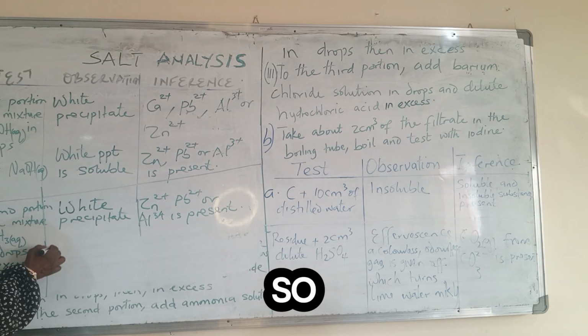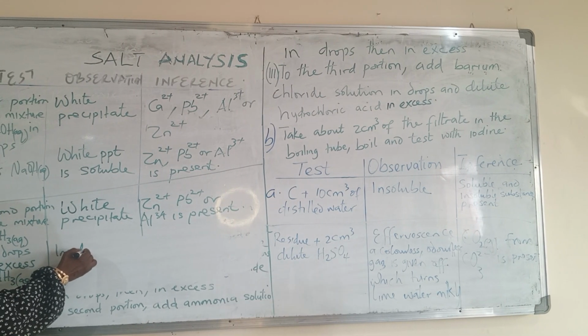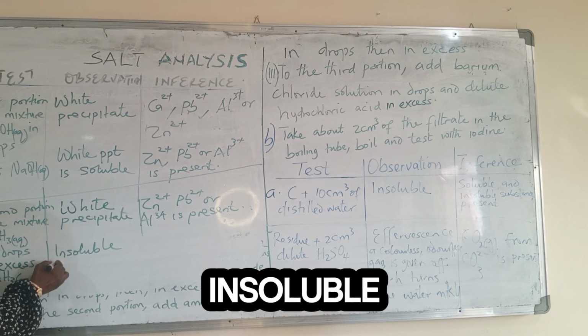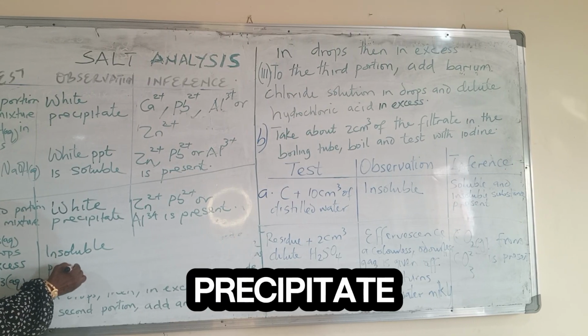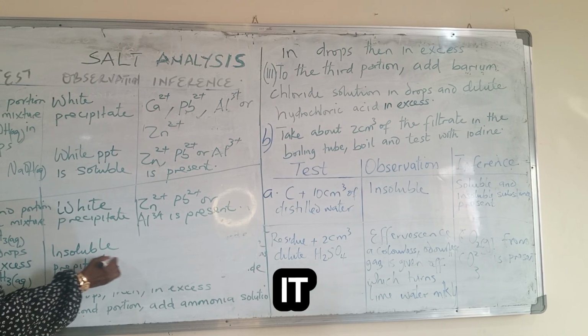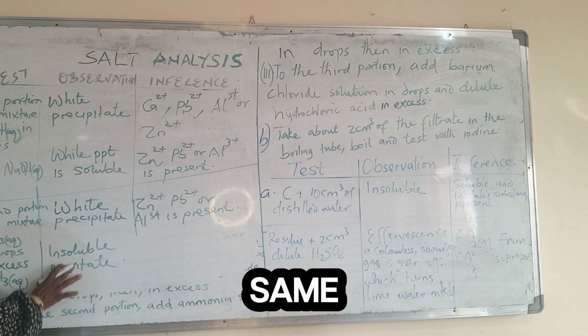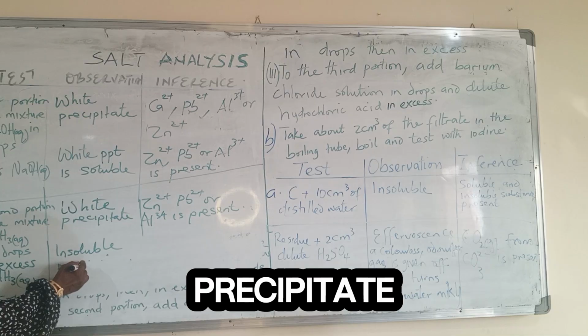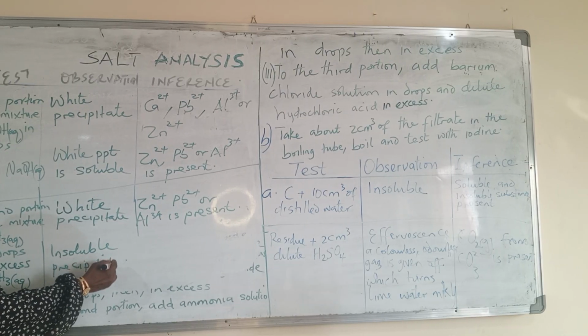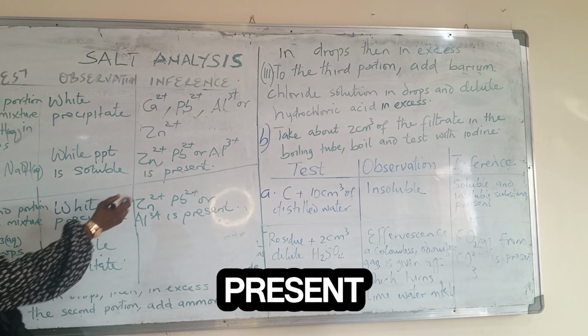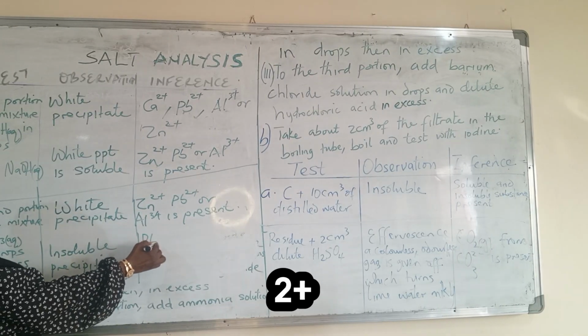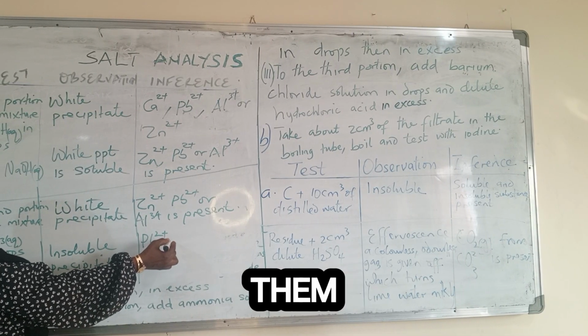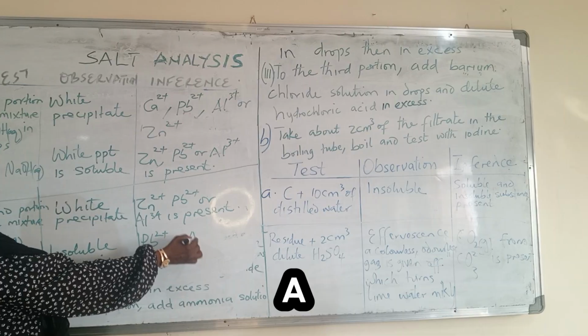The precipitate is insoluble and remains the same. So what will be present is Pb2+ or Al3+.